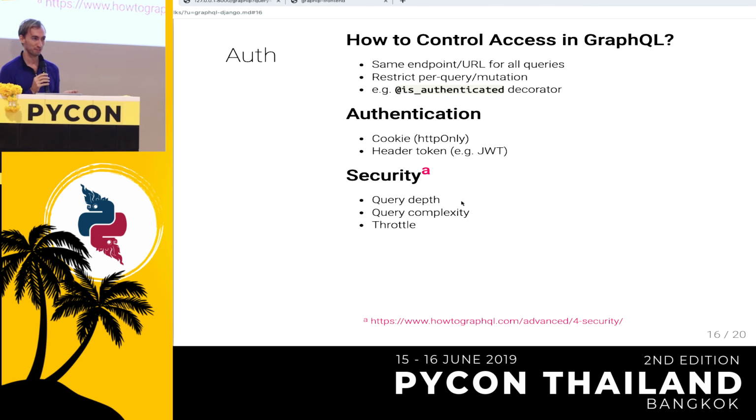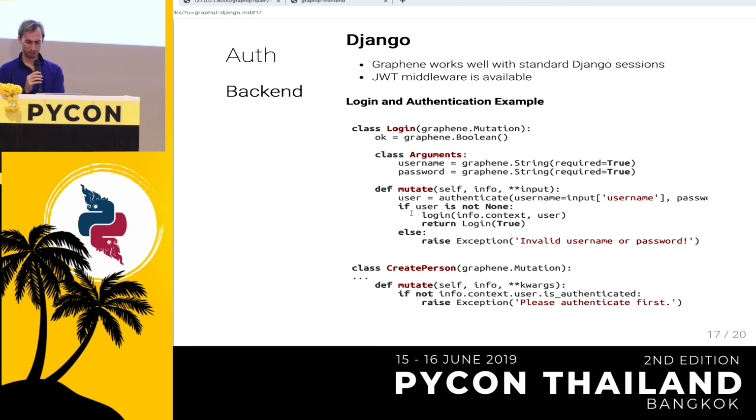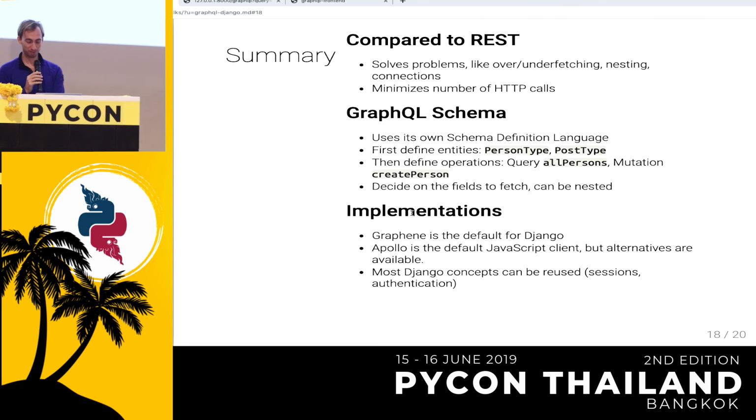So most GraphQL libraries have a protection to limit the query depth to like 10 or 20 levels, so the attacker cannot overload your web server. Unfortunately, this doesn't tell you anything about the complexity of the query, but this is a problem that REST also has, and throttling is also a problem from REST. This we already looked at.